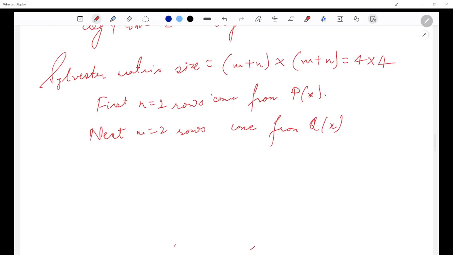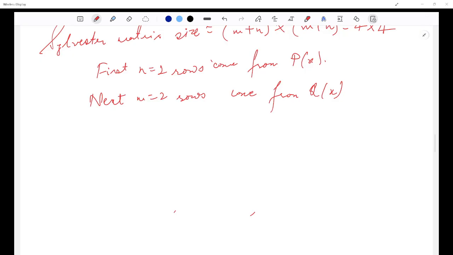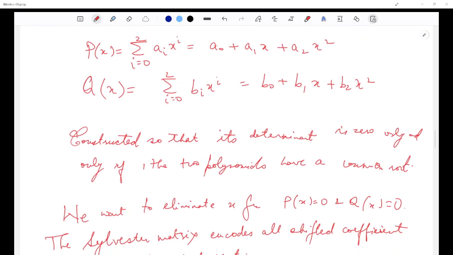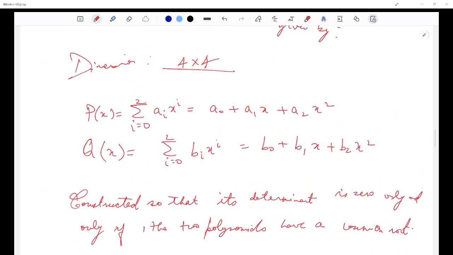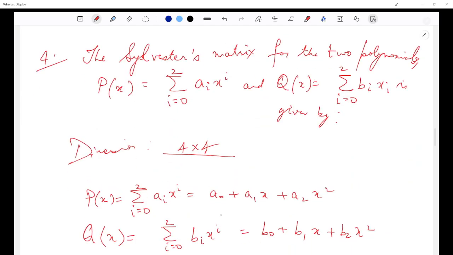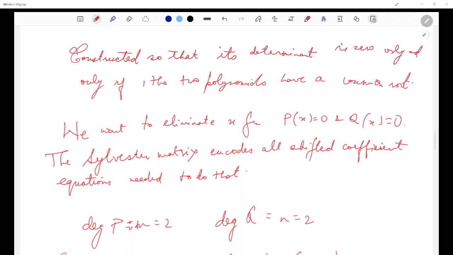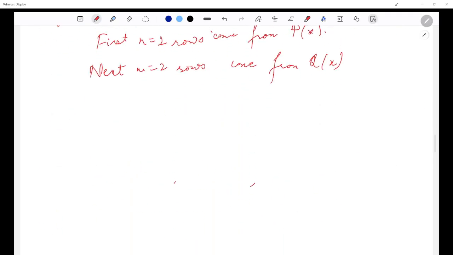Now, we already have the polynomial, but it uses ascending powers, and writing in this format is not good. It should be written in the opposite direction. So P(x) is a2 x squared plus a1 x plus a0, and Q(x) is b2 x squared plus b1 x plus b0.